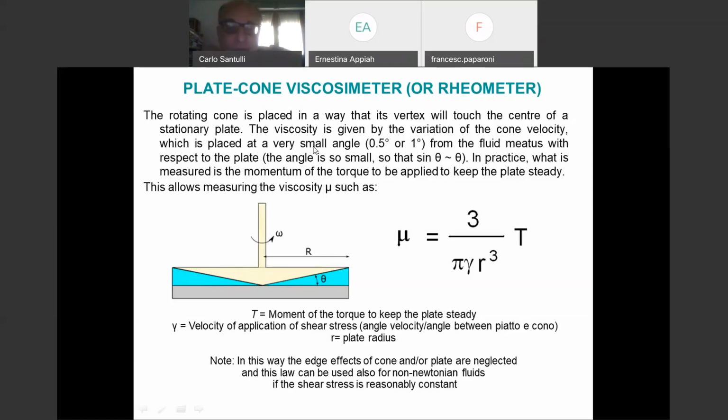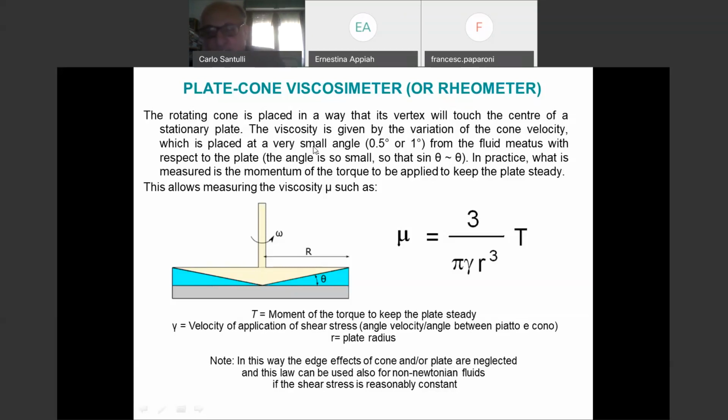This is done with the so-called meatus of the fluid. The fluid passes through here with a very small angle, and the plate is stationary at the beginning, then the fluid starts passing through, and I have to apply a torsion force with the momentum.